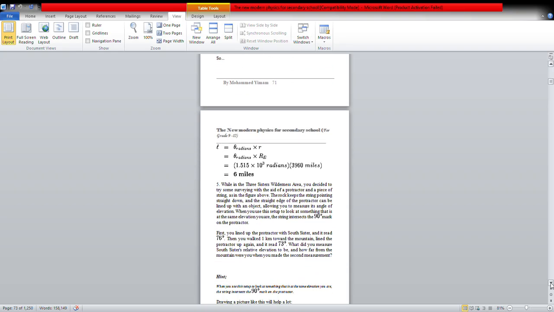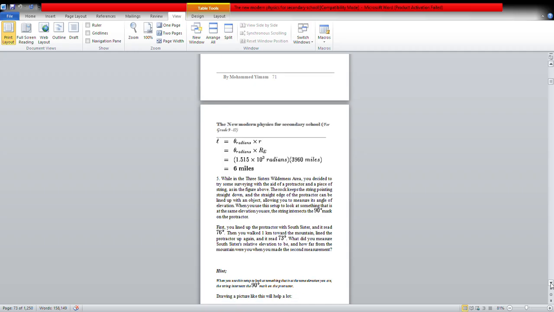So L is equal to theta in radians times R_E, which is equal to 1.515 times 10 to the power of minus 3 radians times 3,960 miles, which is equal to 6 miles.